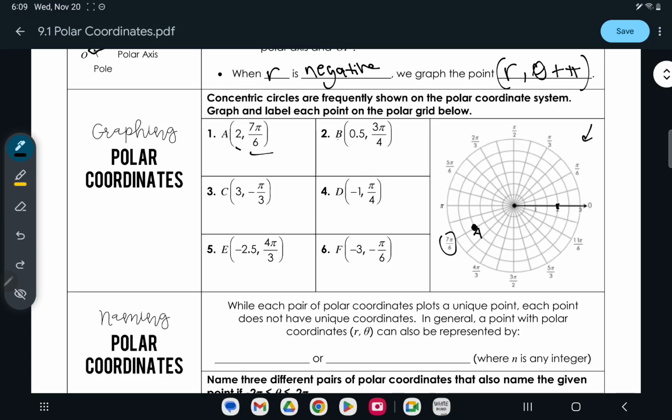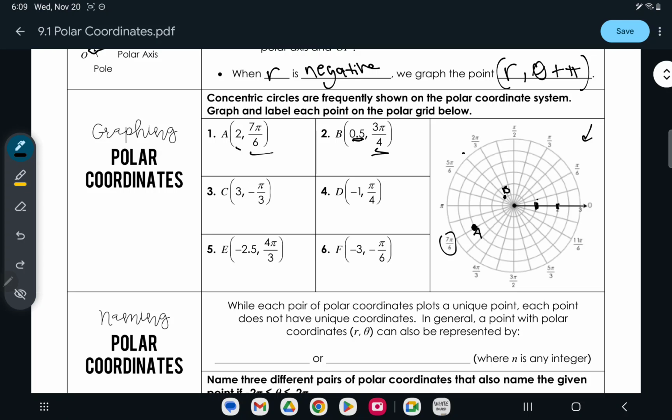All right. B, let's see, we got a radius of 0.5 and an angle of 3 pi over 4. So let's see, 1 pi over 4, 2 pi over 4, 3 pi over 4, and then a radius of 0.5. So a radius of 1 is here, so 0.5 is this inner circle. It's going to be right there.